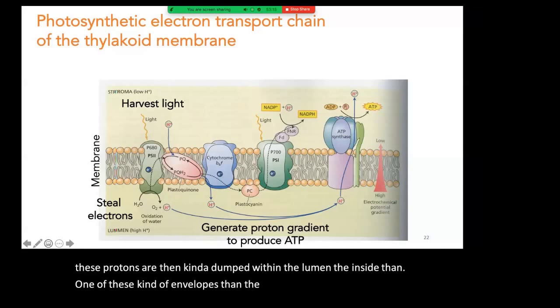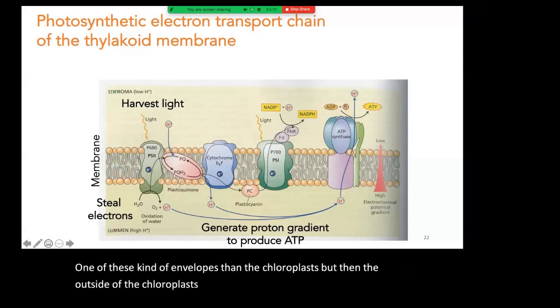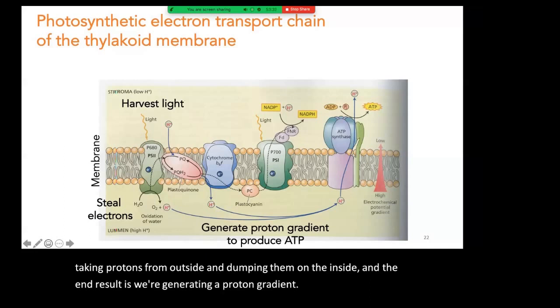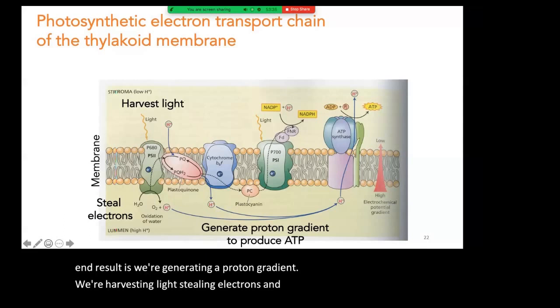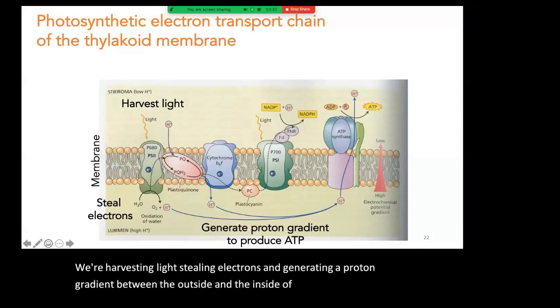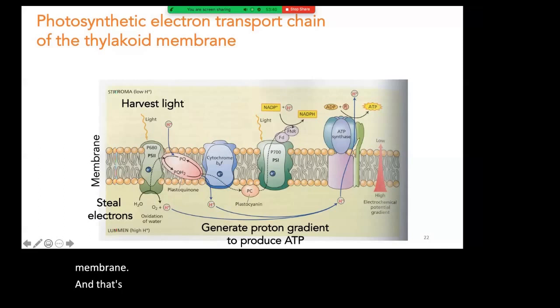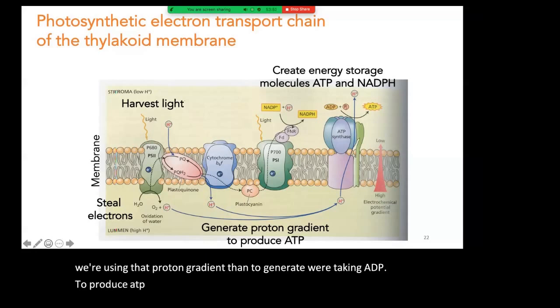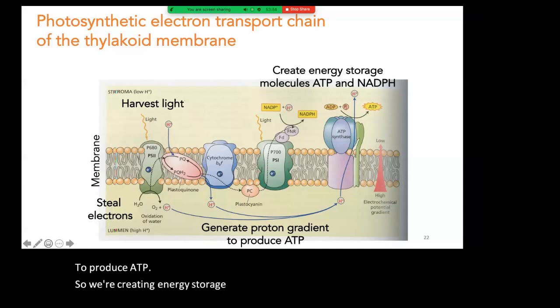But from the outside of the chloroplast, the stroma, notice that in this process we're also taking protons from the outside and dumping them on the inside. And the end result is we're generating a proton gradient, okay? We're harvesting light, stealing electrons, and generating a proton gradient between the outside and the inside of the thylakoid membrane. And that's important because ATP synthetase is sitting right here, and we're using that proton gradient to take ADP to produce ATP, okay? So we're creating energy storage molecules of ATP and NADPH.